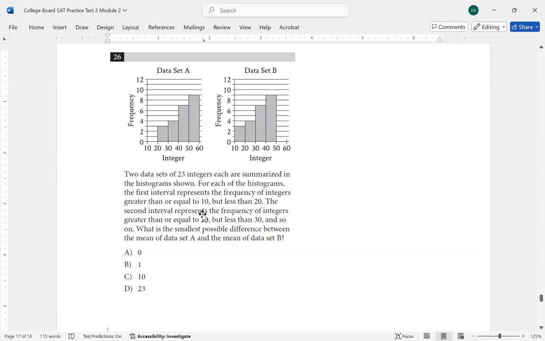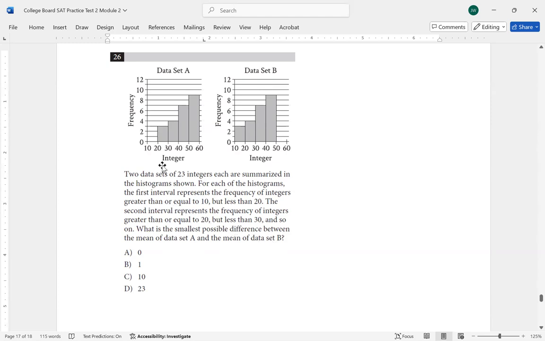The second interval represents the frequency of integers greater than or equal to 20, but less than 30. And so on and so forth. What is the smallest possible difference between the average of data set A and the average or mean of data set B?